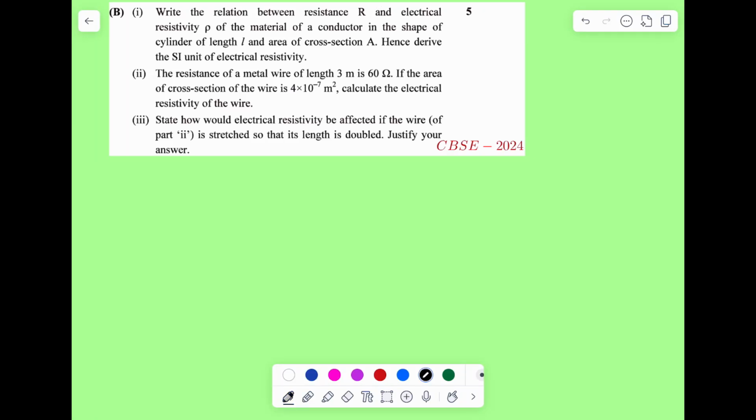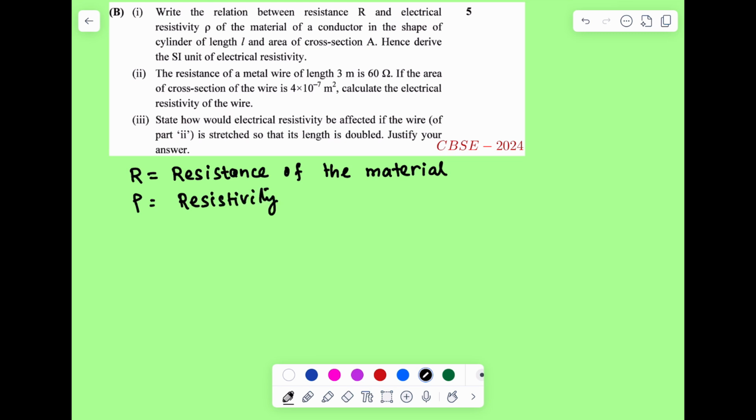In this question, R is the resistance of the material, and rho is the resistivity of the material.